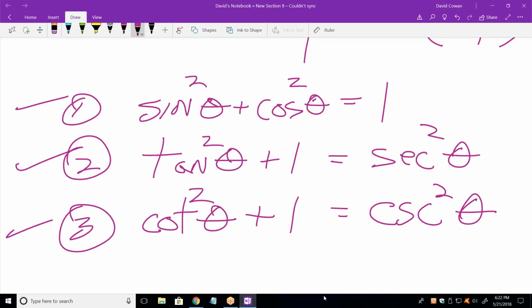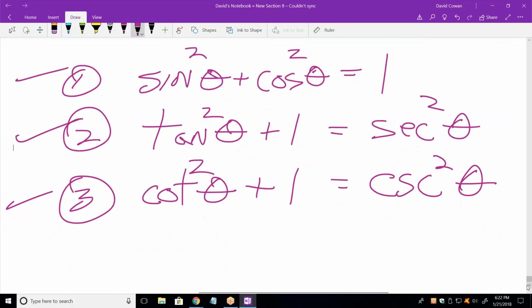In other words, let's talk about them, because it sounds like you probably have most of them memorized anyway. There are 6 reciprocals, right? And you know all 6 of them? What's the reciprocal of sine? Cosecant.